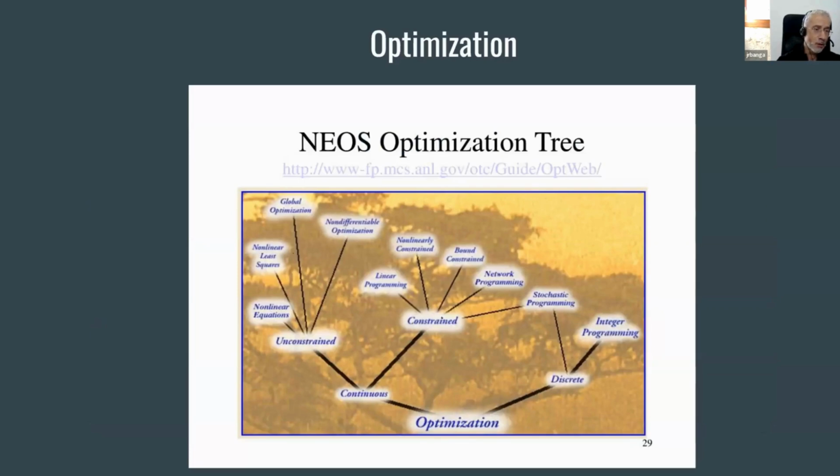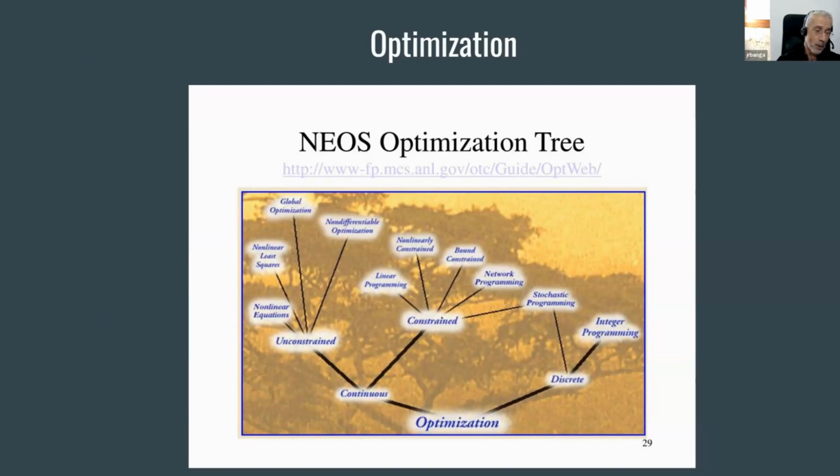So optimization is a huge area. It started with something called linear programming in the late 40s, early 50s of the past century. But now it's a very large and very mature area. And there are many, many different kinds of optimization problems, and they differ in the form of the objective functions and the constraints, if they are continuous or discrete, if they are nonlinear or linear, and so on.